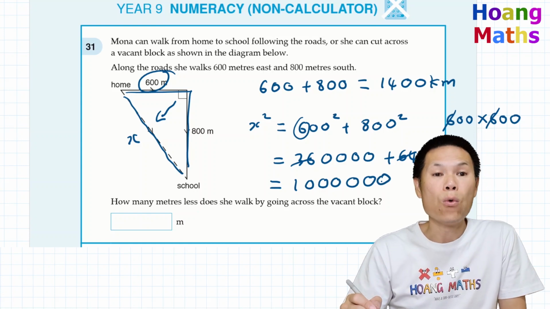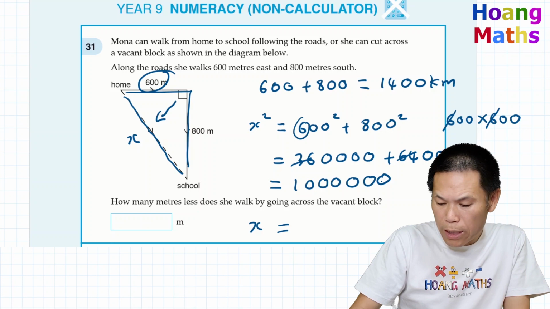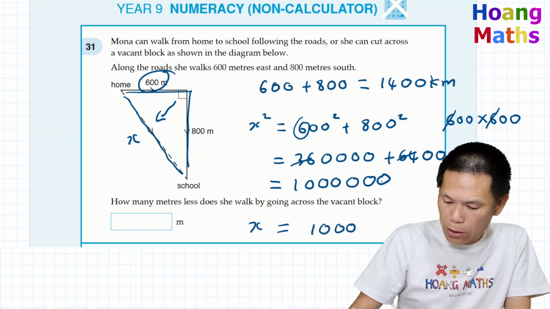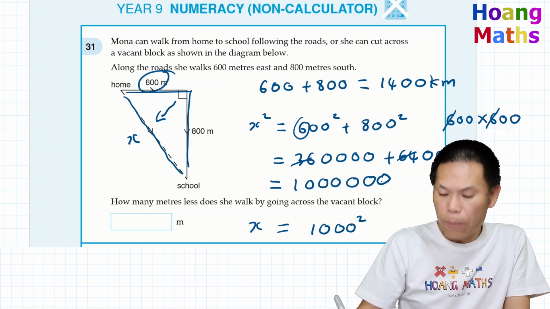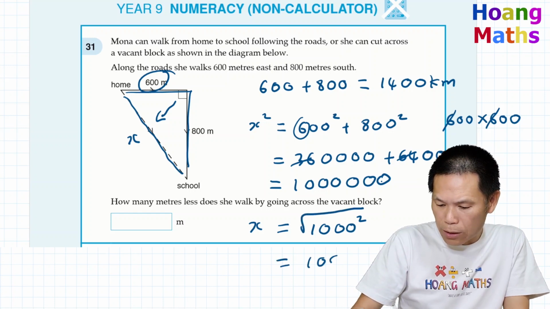So that is 1 million. Then we take the square root of that. Because 1 million is 1,000 squared, the square root should give me 1,000.